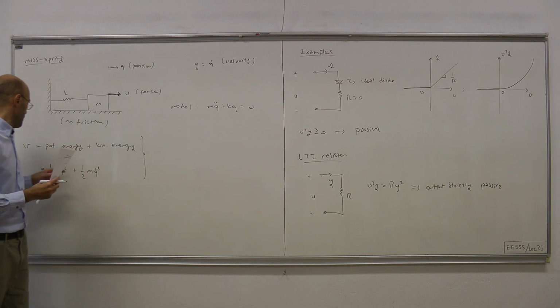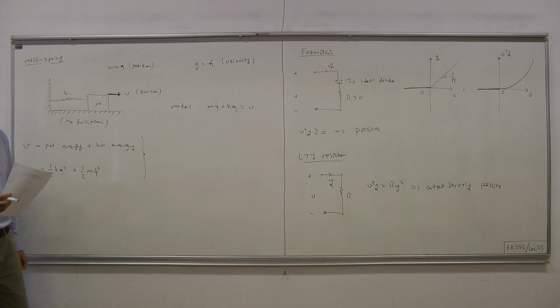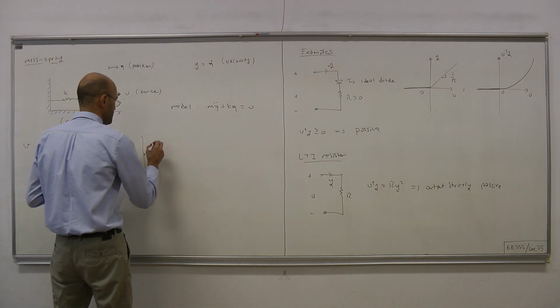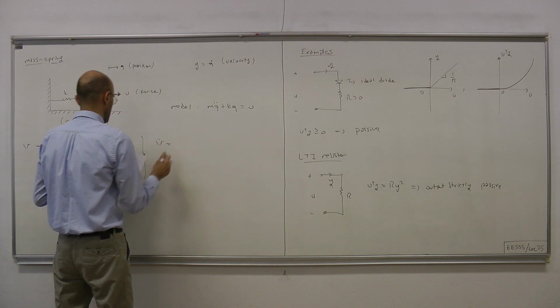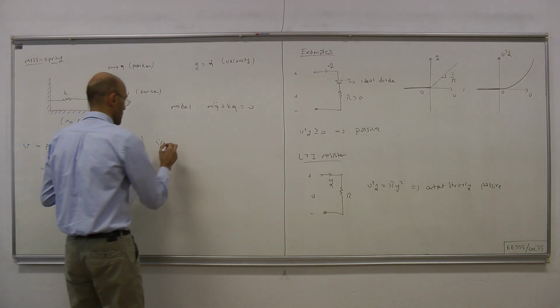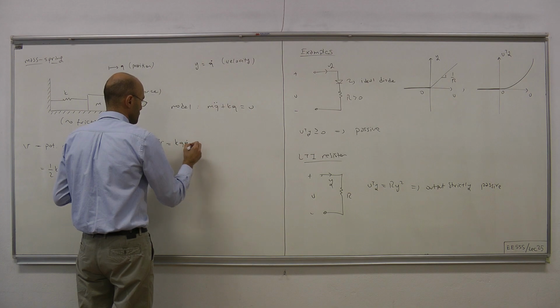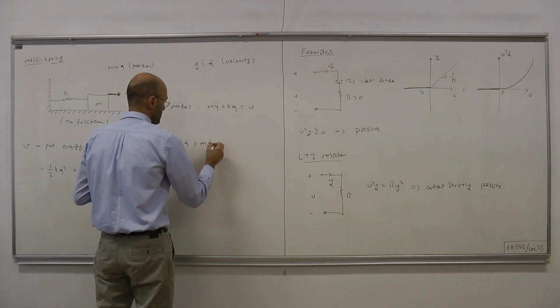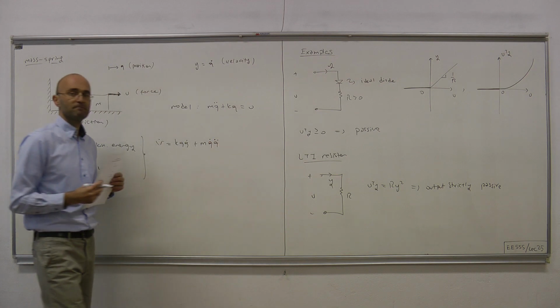Okay. And now, through this storage function, let's figure out passivity properties of the system. V dot equals K Q dot plus M Q dot Q double dot.